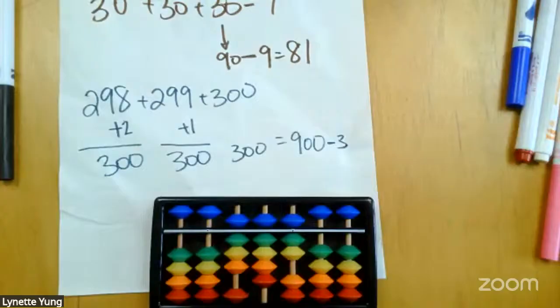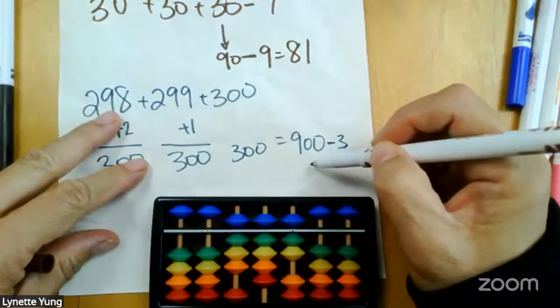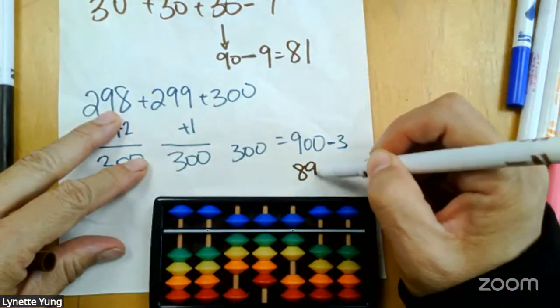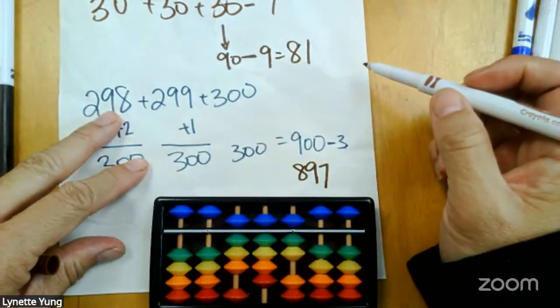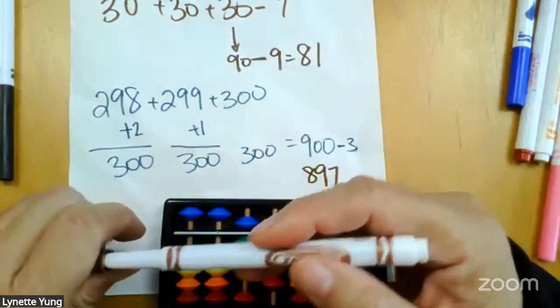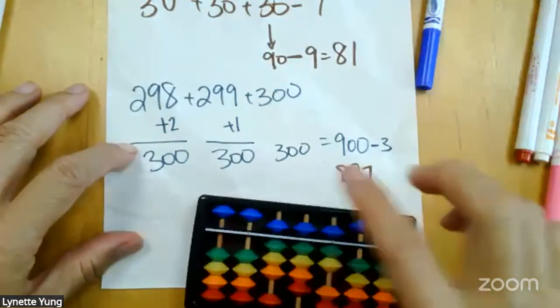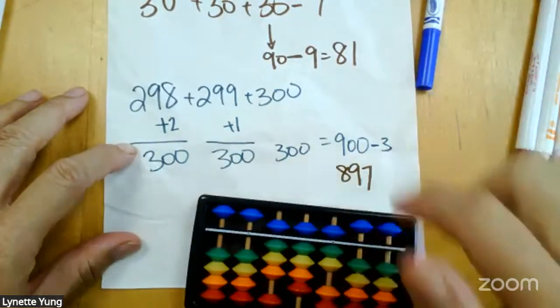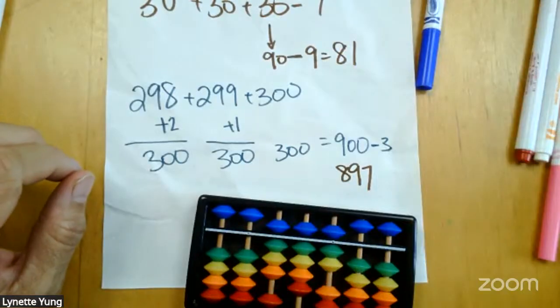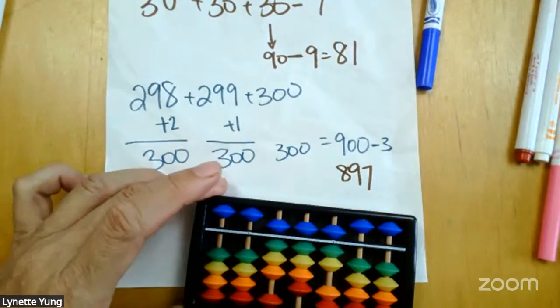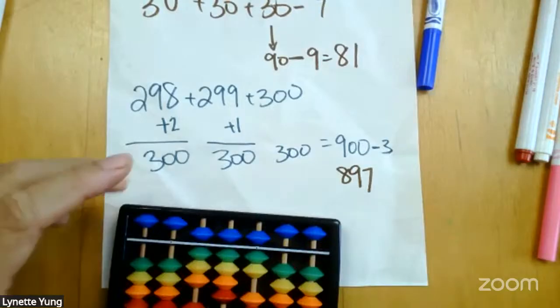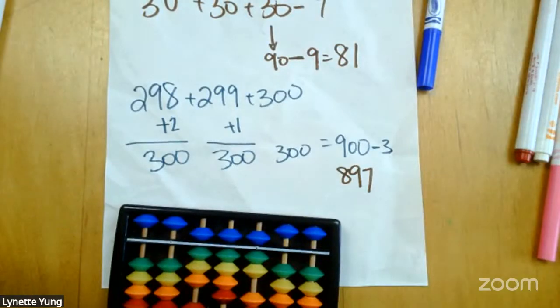I like that one. Now the other way was 300 plus 300 plus 300, and then take away 3. So you have 300 plus 300 plus 300 is 900.